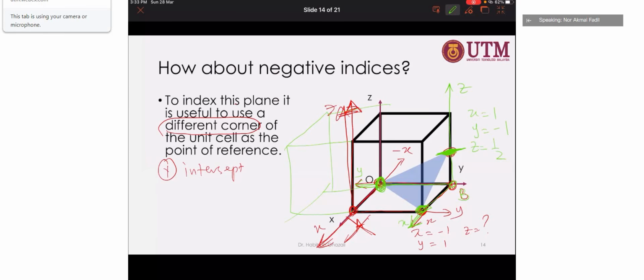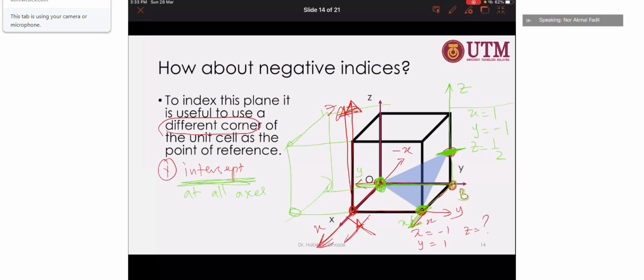There is another unit cell here. So the origin can be at any corner, but you need to choose the correct one so that you can get the intercepts. One, you must obtain the intercept at all axes.